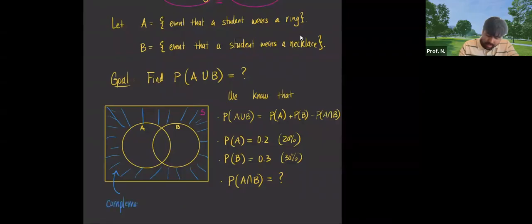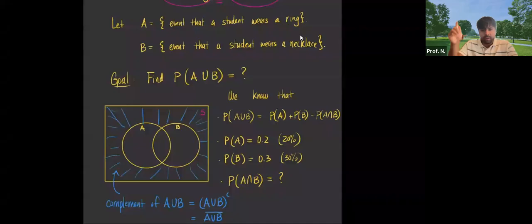This is the complement of A union B. And how do we denote that? We denote that as A union B, and put a complement. Or people sometimes write it this way, A union B, and put a bar over it, right? We use the bar as well, but it's more common to see a C for the complement.